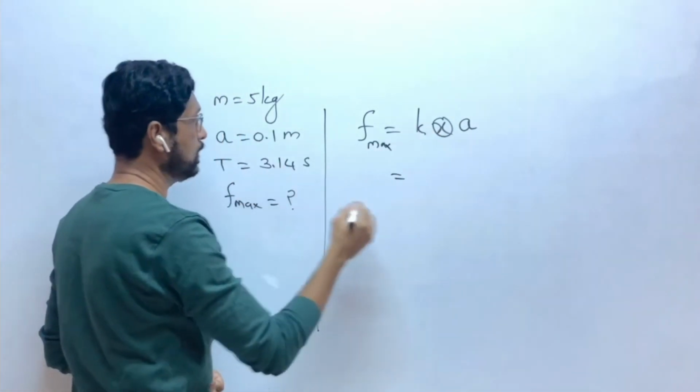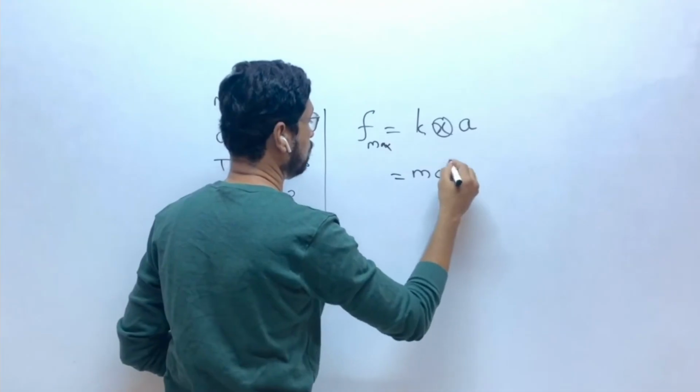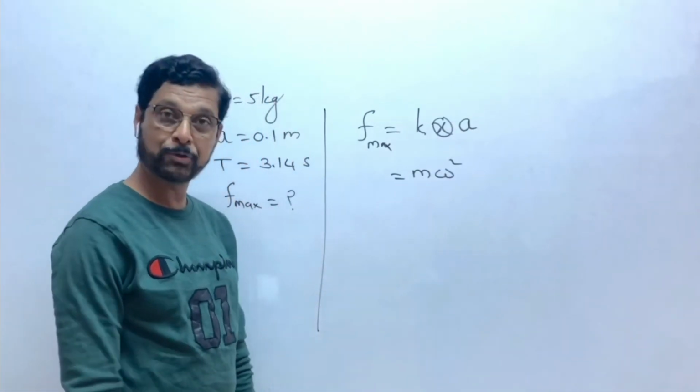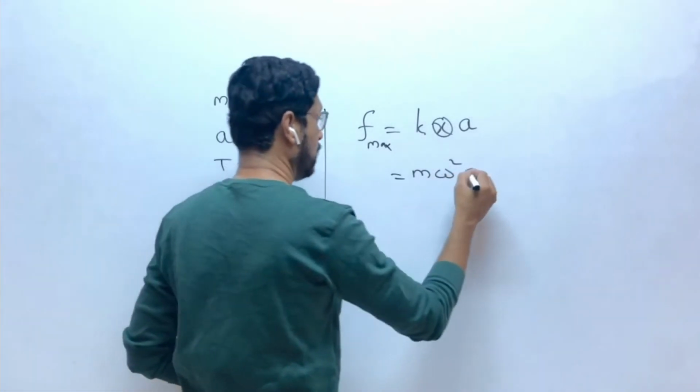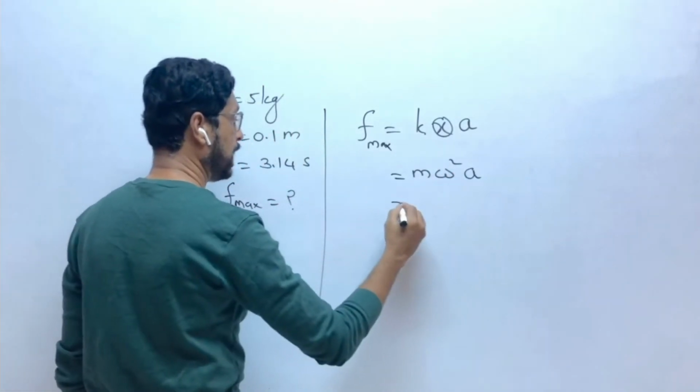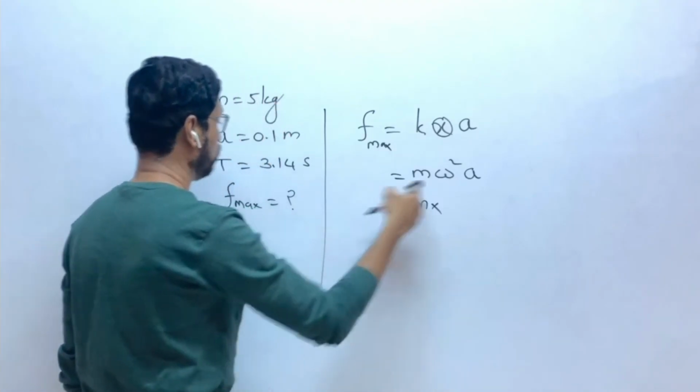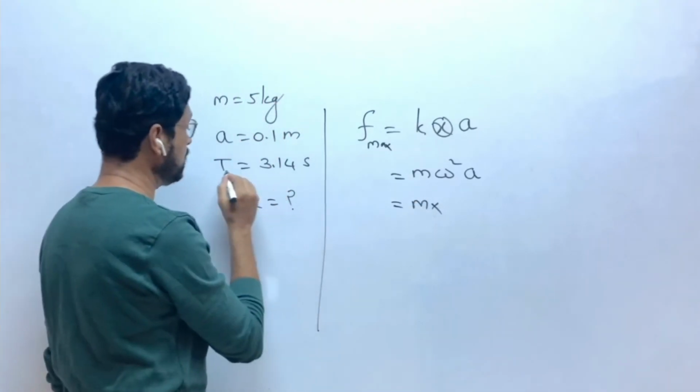K is not given here, but we know that K by m is equal to omega square, or K is equal to m omega square. So KA is m omega square into A. Omega is also not given, but T is given.